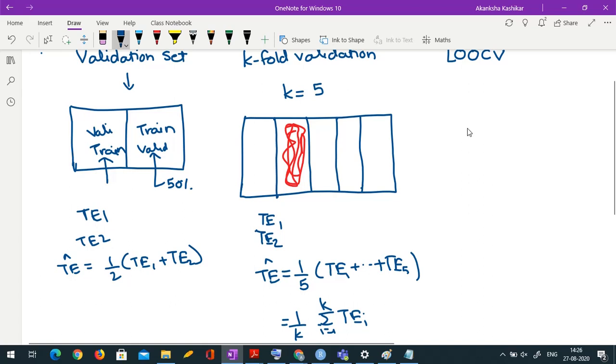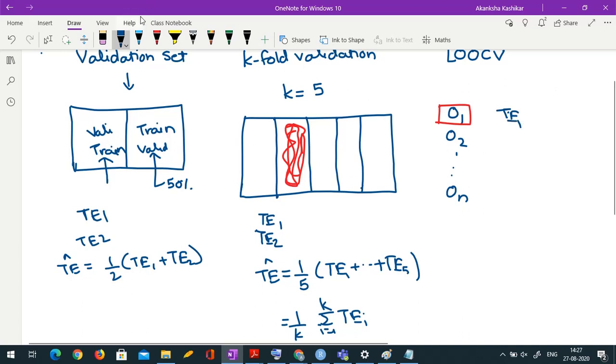And in leave one out cross validation, if I have n observations, O1, O2 up to On, every time I keep one observation as test. First I will keep O1 as the test observation, then fit a model on the remaining and estimate the first test error. So I'll get TE1 as my estimate of the first test error.